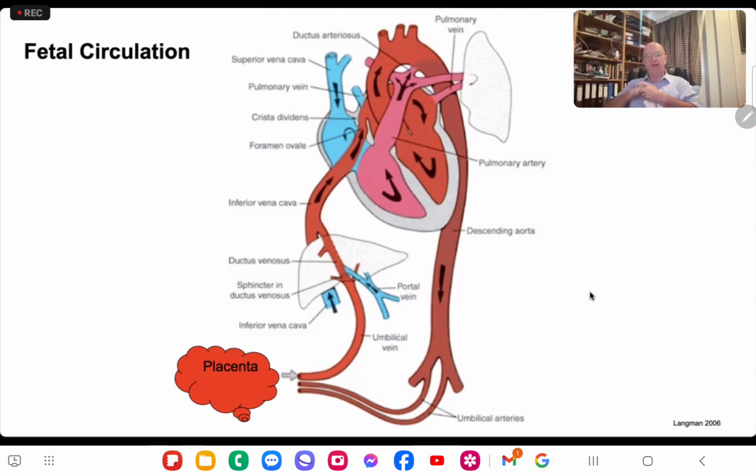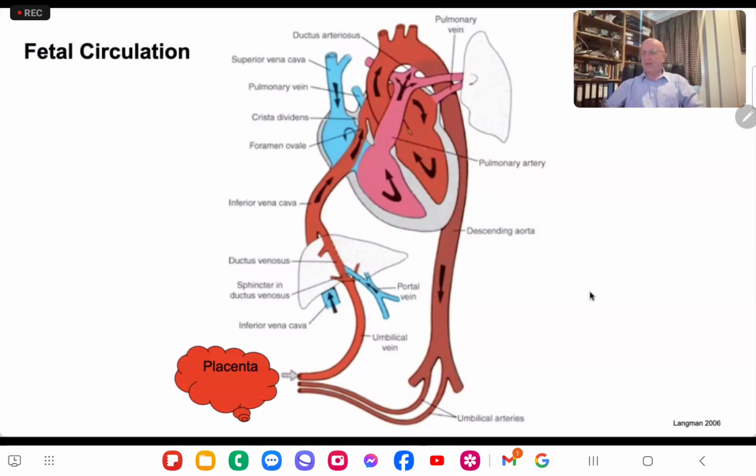So there are a number of ways that's avoided. One is that as it comes up the IVC, that ridge, which is called a valve, although it's not really a valve, the eustachian valve, points the blood flowing up towards the interatrial septum.